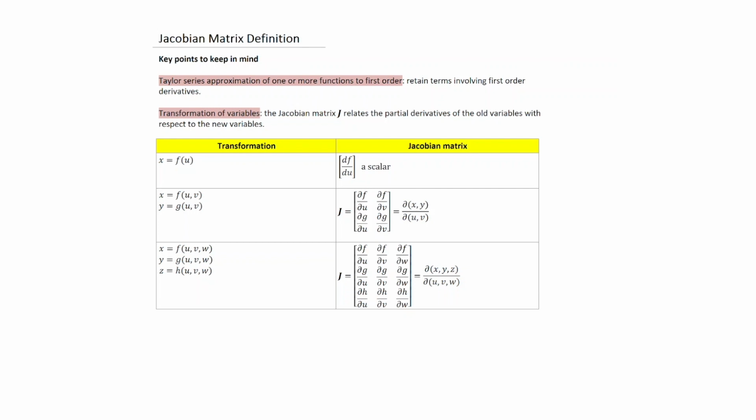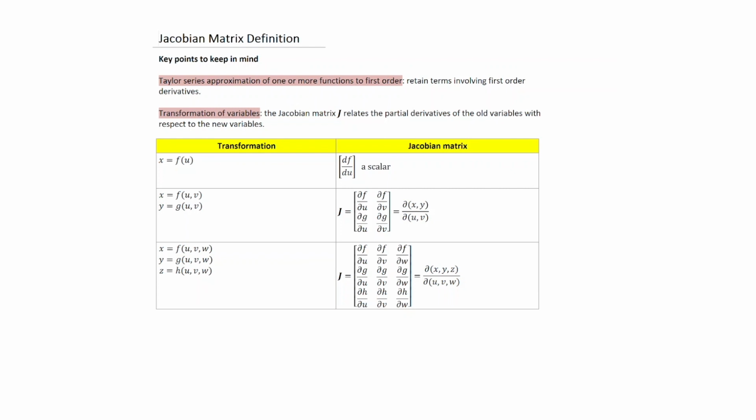It gets more interesting when you start dealing with two variables. For instance, if we define x in terms of two new variables through a function f of u and v, and y through a function g of u and v, then we set up the partial derivatives in row format. If we take the partial of f with respect to u and the partial with respect to v, that would be the first row, then the partial of g with respect to u and the partial of g with respect to v, second row, that forms a 2-by-2 matrix.